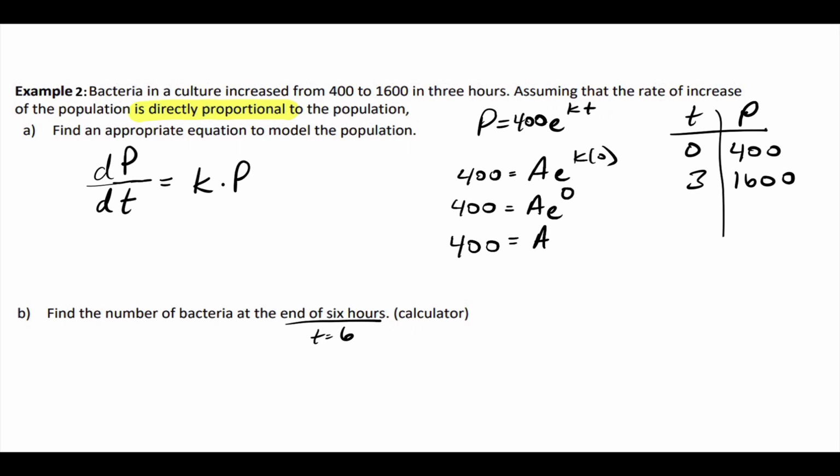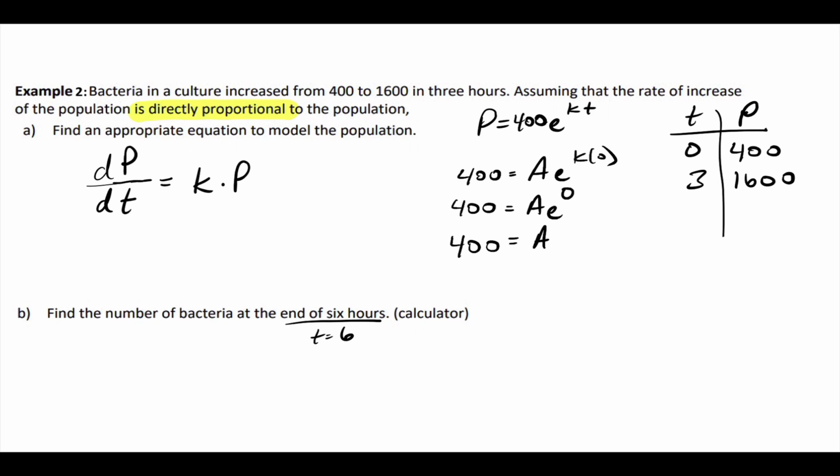But if I plug in 400 times e to the kt, and I plug in 6 for t, what's going to happen? It's going to say error because I don't have enough information. So what information do I need? Still, find k.